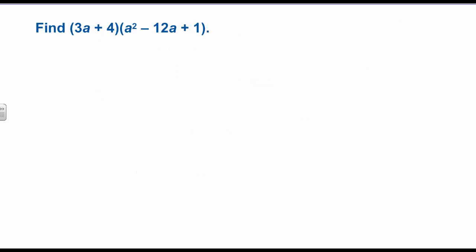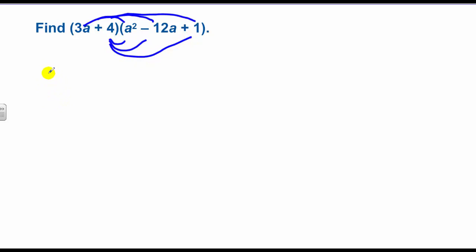Now, in this case, it's not a binomial times a binomial, so you're not necessarily able to FOIL because there's not 4 terms. But what we do is, again, we distribute every term on the left to every term on the right. So I'll have 3 distributions with the 3a and 3 distributions with the 4.